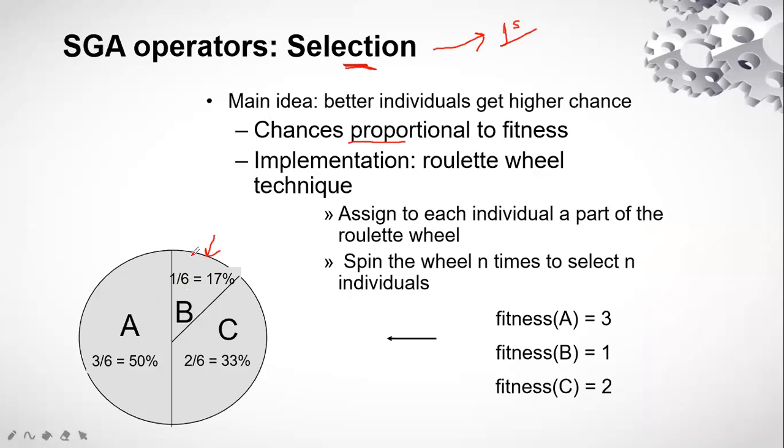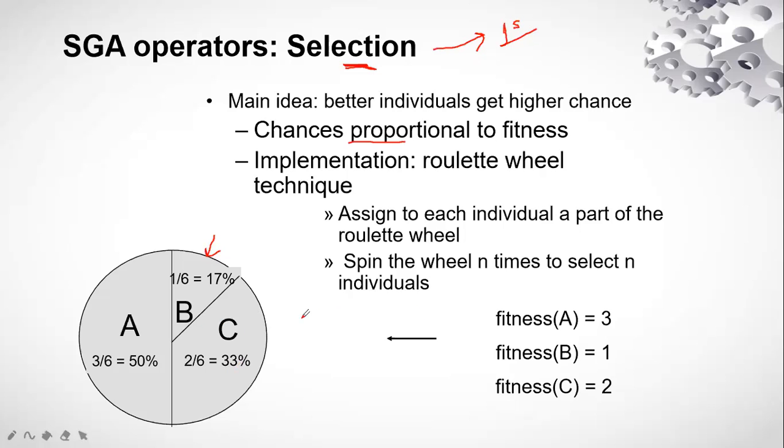This is called roulette wheel selection, in which we assign to each individual a part of the roulette wheel. Let's say we have 3 chromosomes A, B, C. We give a particular partition to A, B, C according to the fitness value.